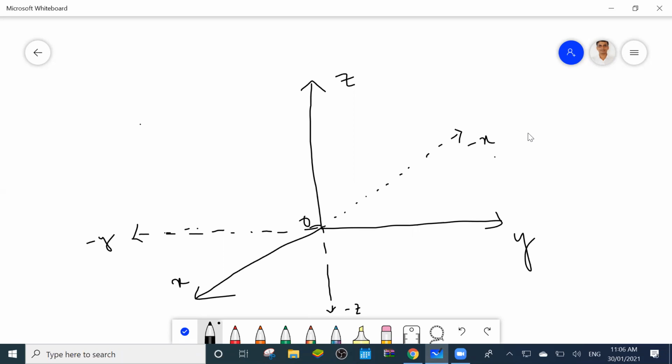Yes or no? So the unit vector along y direction is ay, along x direction is ax, along z direction is az. So this is the rectangular coordinate system or Cartesian coordinate system.